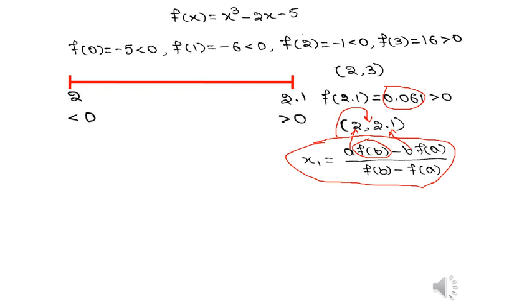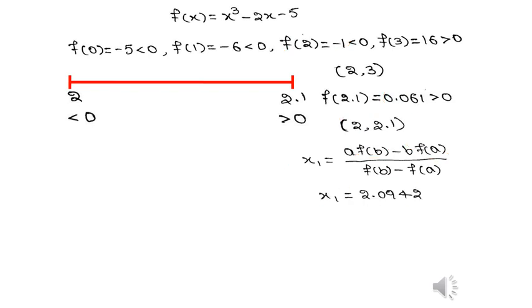F of A means f of 2, which is already here, which we have found. Apply these quantities in the formula, you will get the value of x1 as 2.0942.